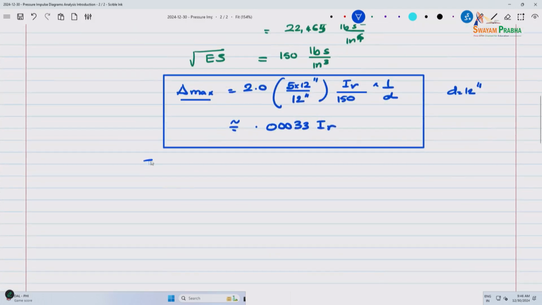So if your IR, for example, is 1000 psi millisecond, the delta max comes to point. I'll check this a little bit more and let you know. I'll confirm that, but this comes to 0.33 inches.